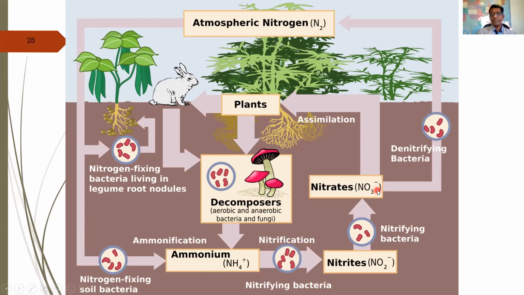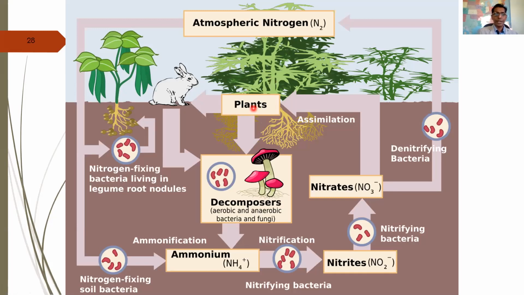So nitrate and ammonium are basically the most important minerals for plants. Plants can absorb them, and through a process called assimilation, create amino acids and proteins.